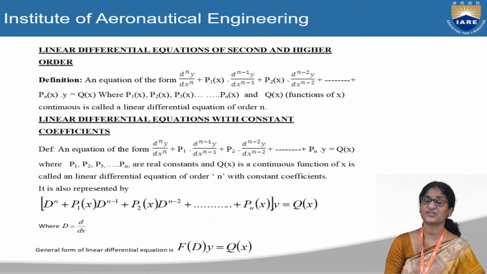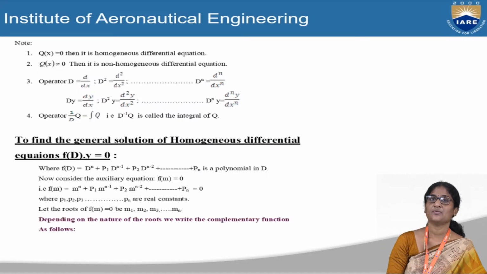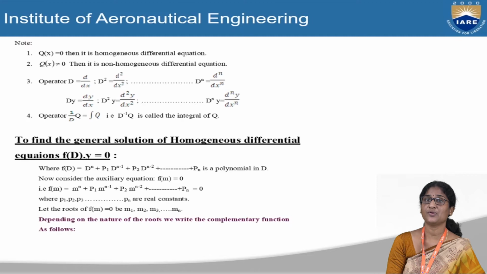F of D is a function of D. Take all the y variable as common and represent the bracket as f of D, which is equal to q of x, a shortcut representation of the differential equation. Now if q of x is equal to 0, then it is a homogeneous differential equation. If q of x is not equal to 0, it is a non-homogeneous differential equation.